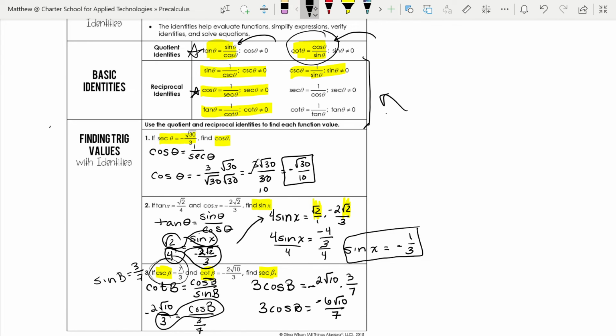Okay, to divide by 3, it's the same as multiplying the denominator by 3. Just a quick little trick there to make this a little easier for you. So we have cos beta equals negative 6 square root of 10 over 21, and then these reduce to negative 2 radical 10 over 7.